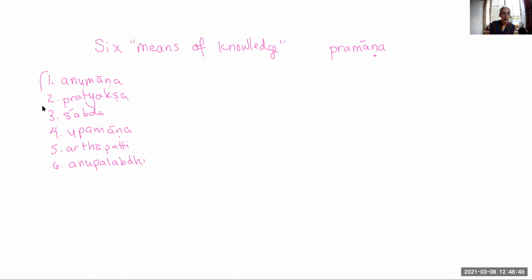So very broadly speaking, we can say that Hindu traditions accept all of them. The Jain traditions are interested in the first 3, and then the Buddhist in the first 2.